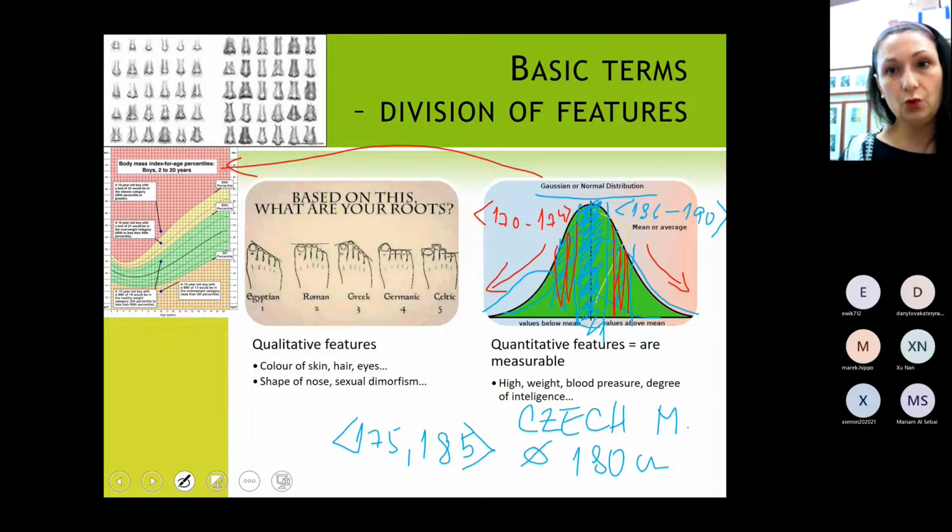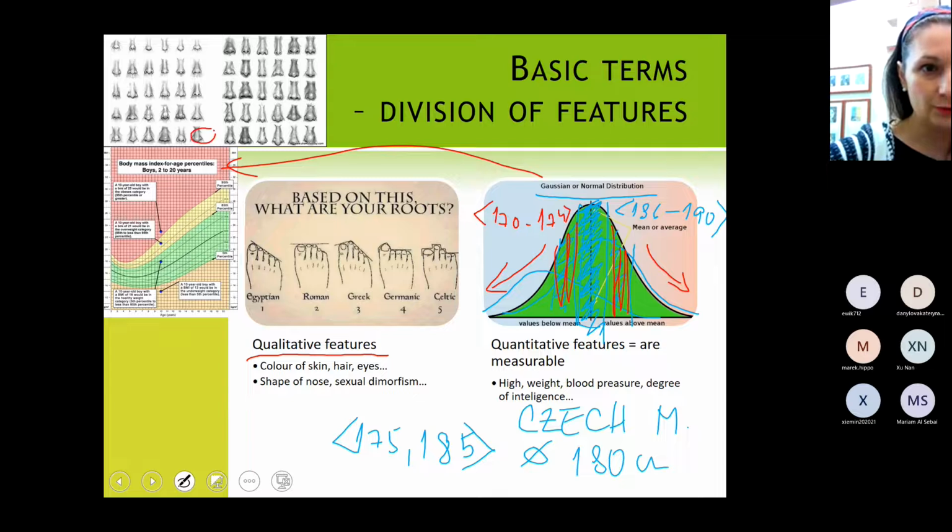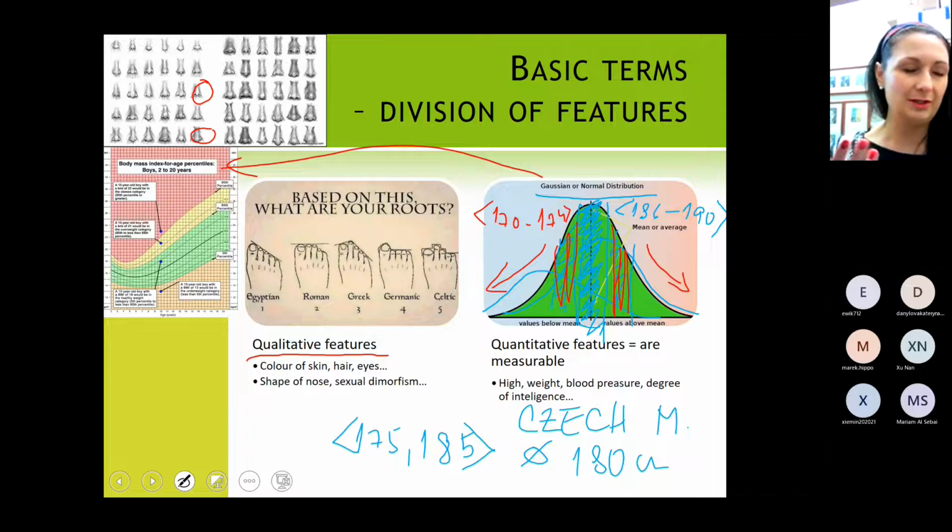The second group of features are qualitative features, quality. We cannot measure them. Here is an example. So this is a nose. These are different shapes of nose. I know that the picture is a little bit small, but just imagine that everyone has practically different shape and size of the nose.